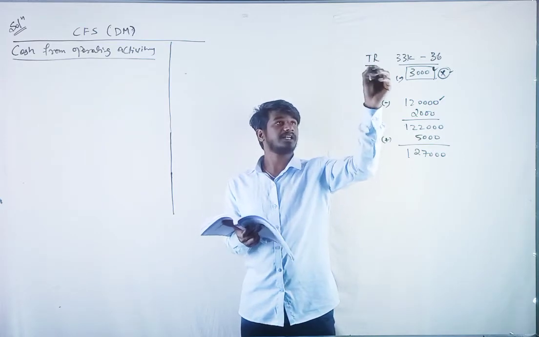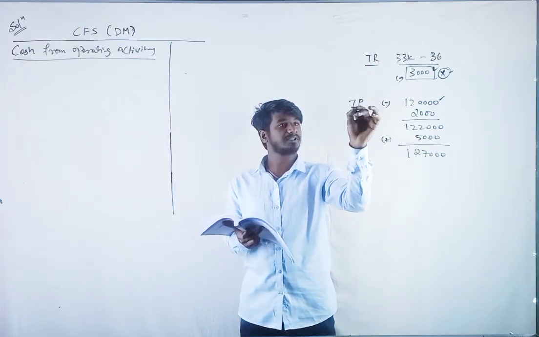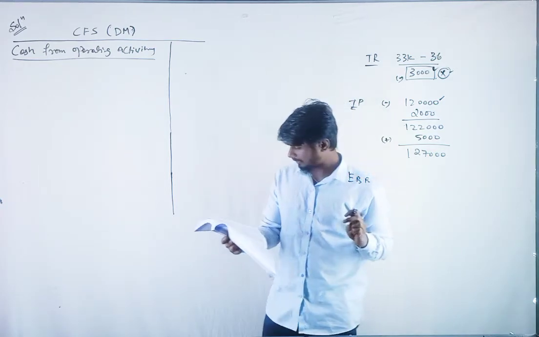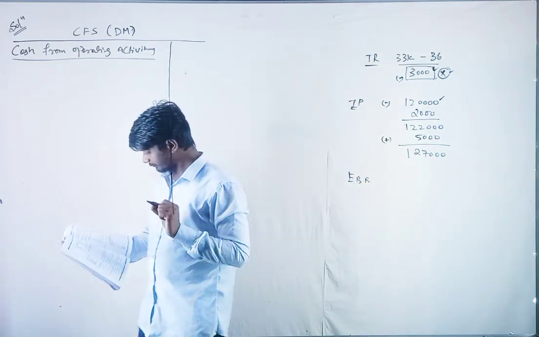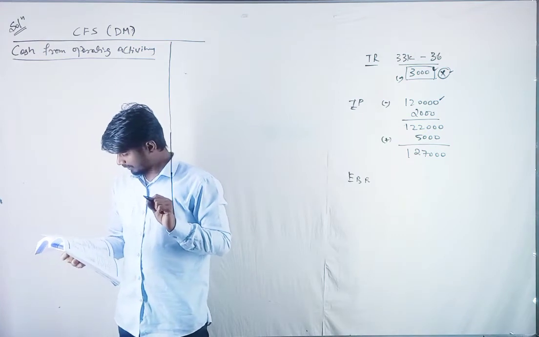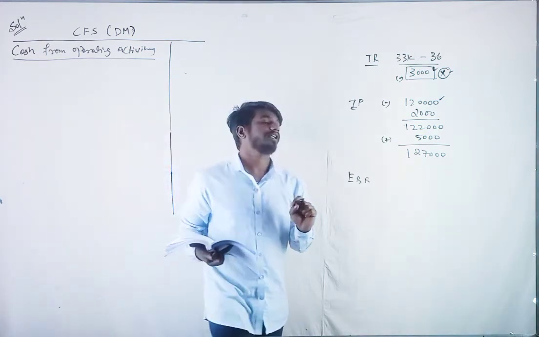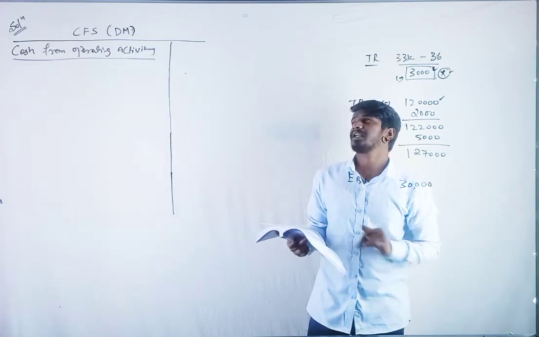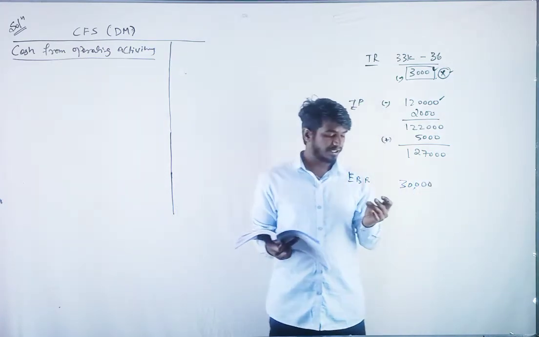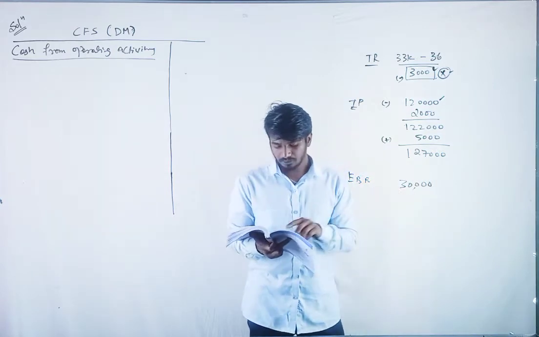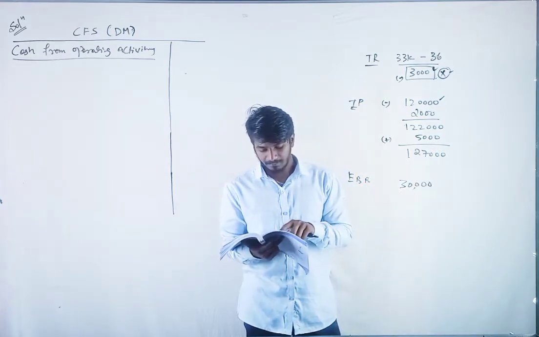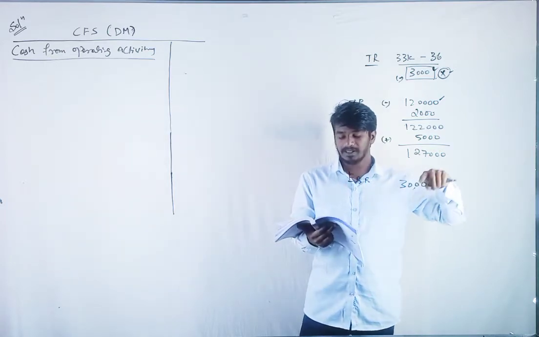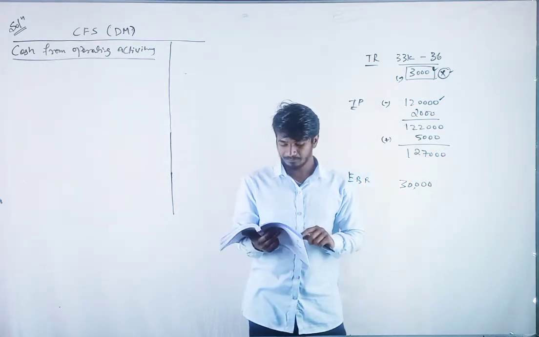Okay, outstanding employee benefit expenses. Let me write trade receivable, trade payable, employee benefit expenses. What have they given in the P&L? Employee benefit expenses, 30,000, right? We should obviously minus it from the operating activity. But in the outstanding employee benefit expenses, we didn't pay that amount. Outstanding means we didn't pay to the employees.